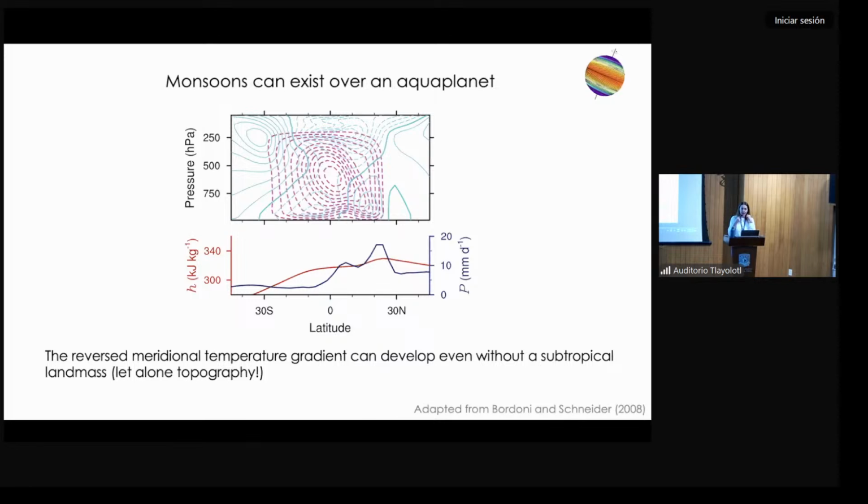Because now, of course, we have examples within our own solar system, but every day other exoplanets are being discovered. And so I think it's really important to develop theories that can help us think about planetary circulations in a much broader parameter space.